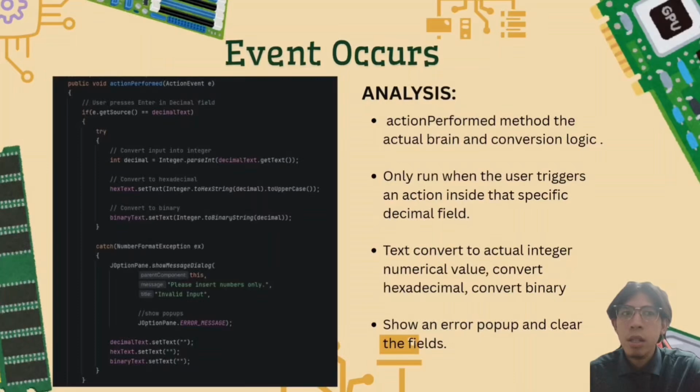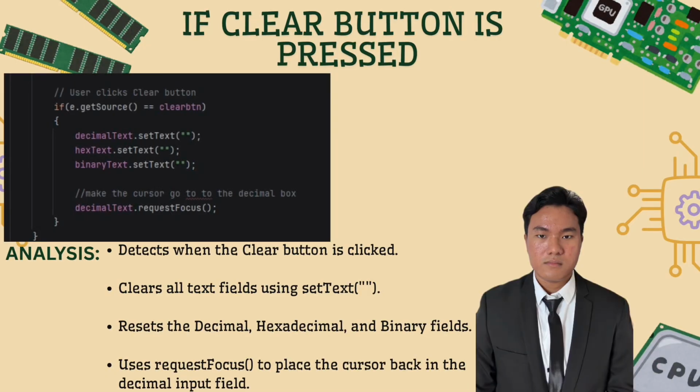The title will show invalid input, telling the user please insert numbers only. And then the clear field instantly wipes out any text currently in the decimal text, hex text, and binary text, so the user can try typing again cleanly.